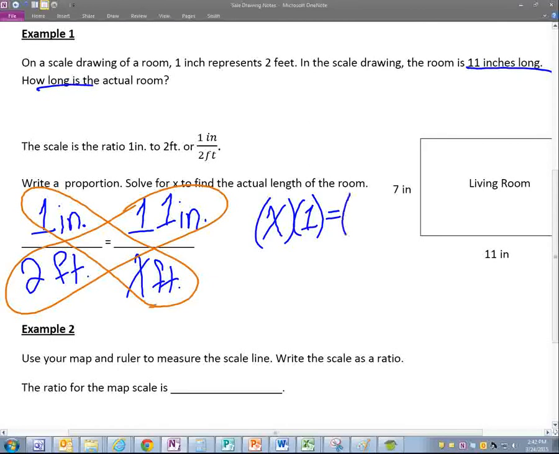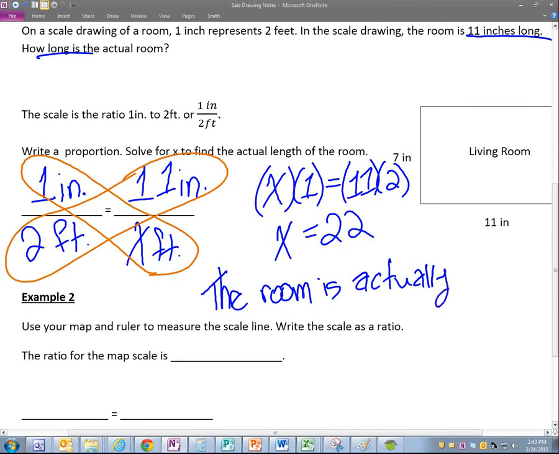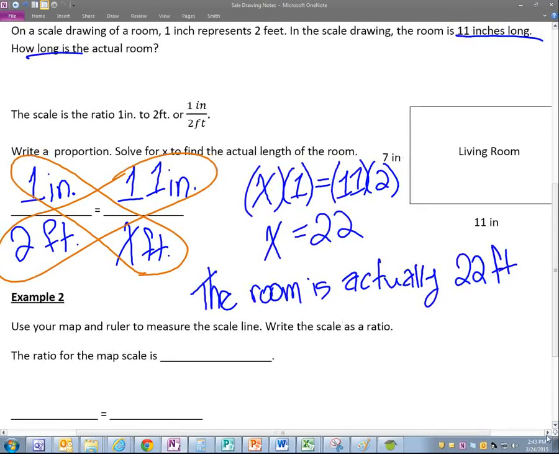And then we have 11 multiplied by 2. So it comes down to be x equals 22. And that's going to tell us that the room is actually 22 feet long.